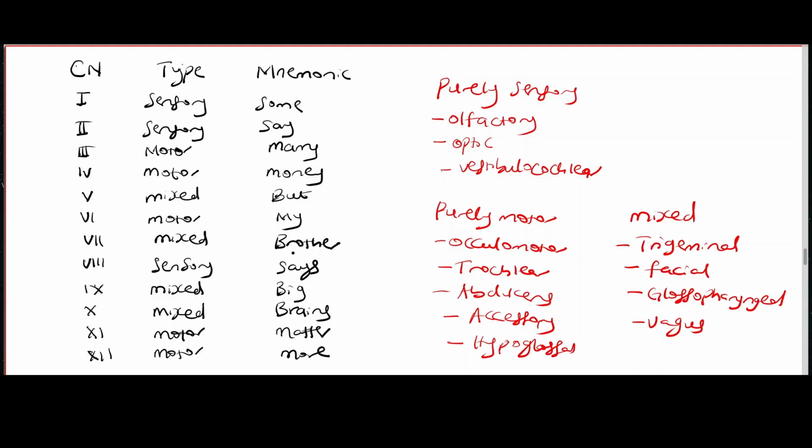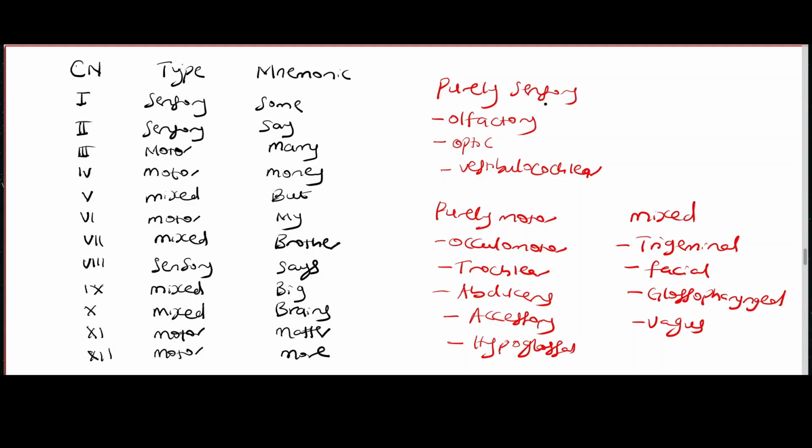So: sensory, sensory, motor, motor, both, motor, both, sensory, both, both, motor and motor. That is the mnemonic to always remember which cranial nerve is sensory and which is motor.